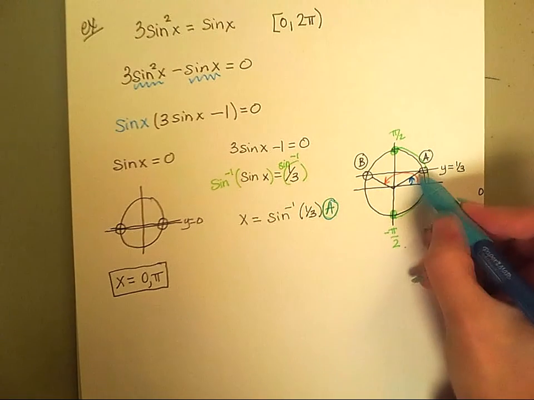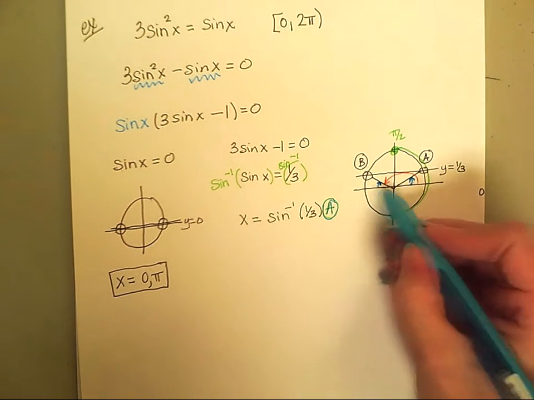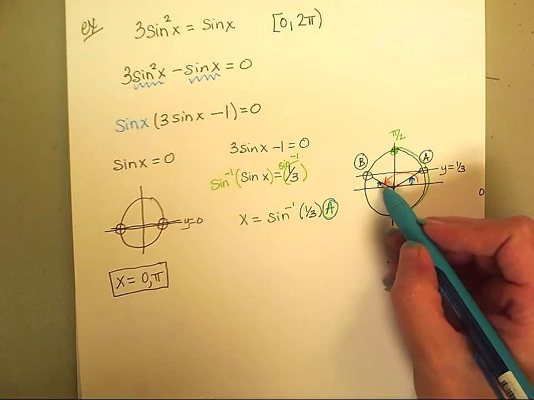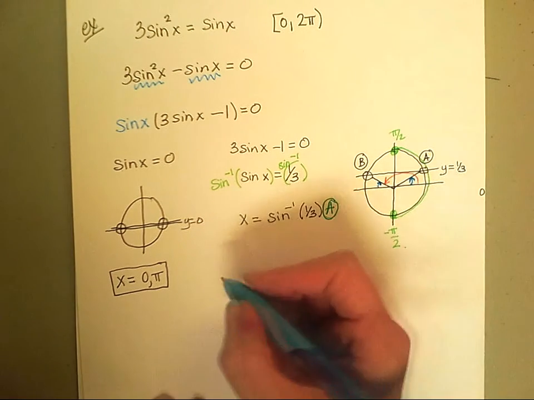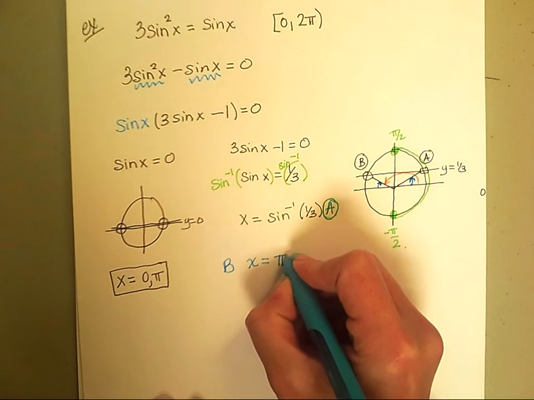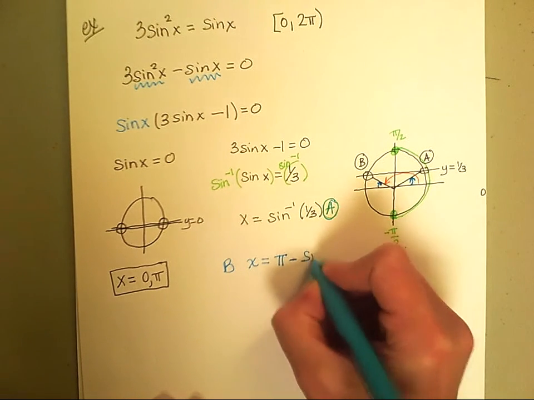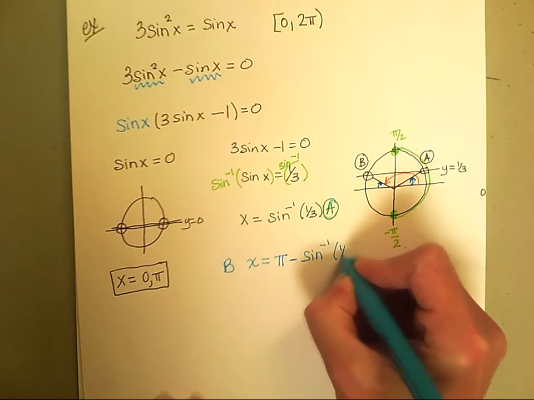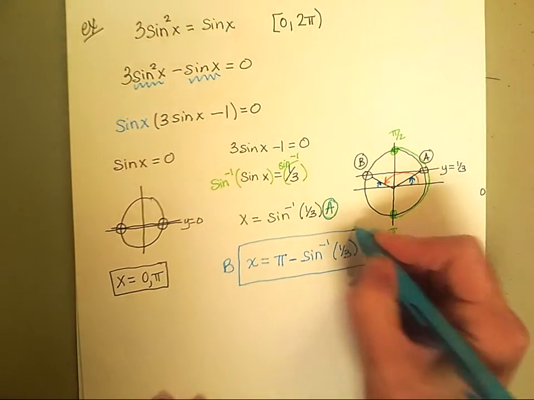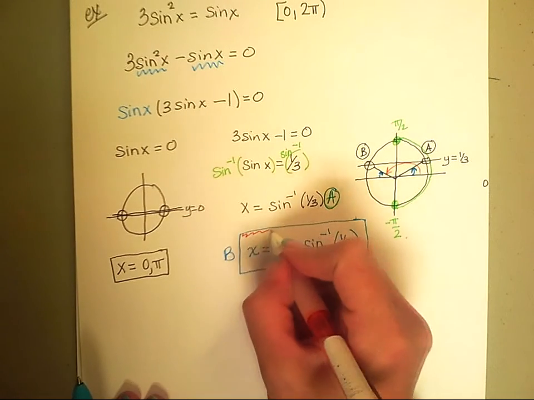I know that the magnitude of this angle must be equal to the magnitude of this angle. So if I took the orange and added that blue part, I would get to pi. So angle B is x is equal to pi, and now I'm going to subtract off this little bit, which is a positive angle, the inverse sine of 1/3. That's angle B. I guess that should really be an orange.